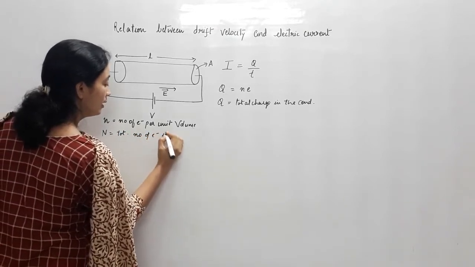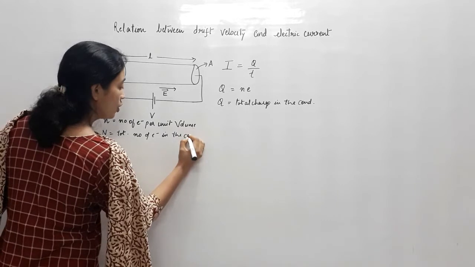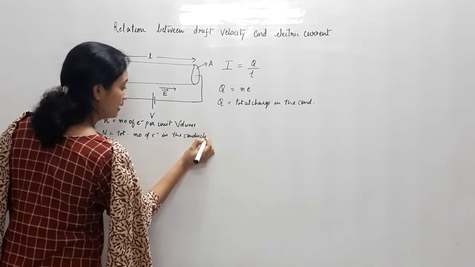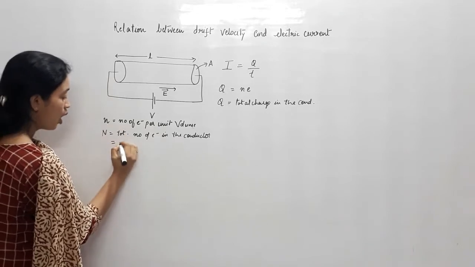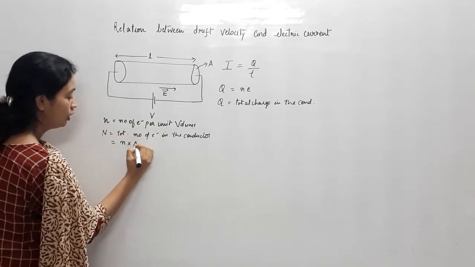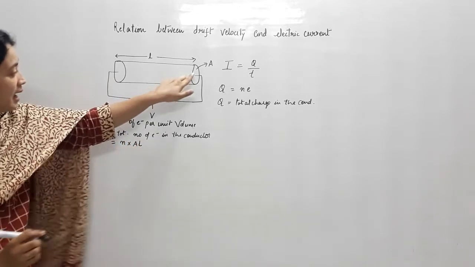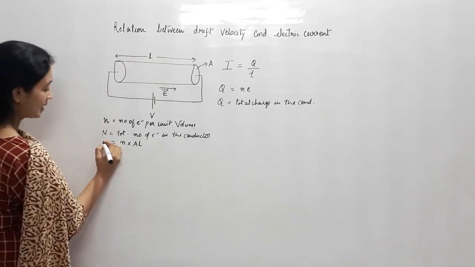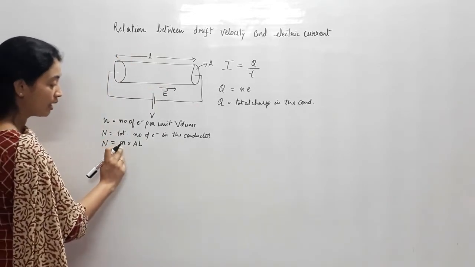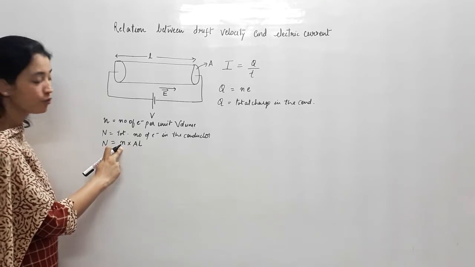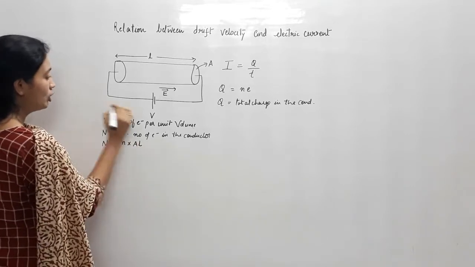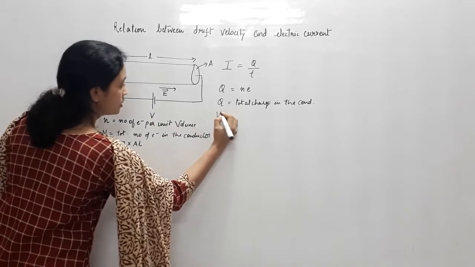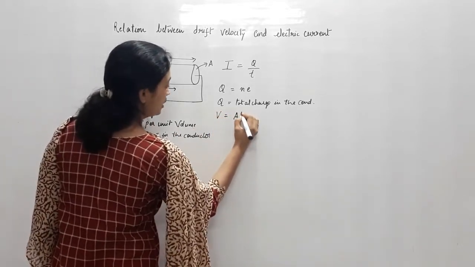The total number of electrons in the conductor will be equal to small n into the volume. Volume is A into L. So capital N is equal to small n, the number of electrons per unit volume, into the total volume of the conductor, which is area into length.